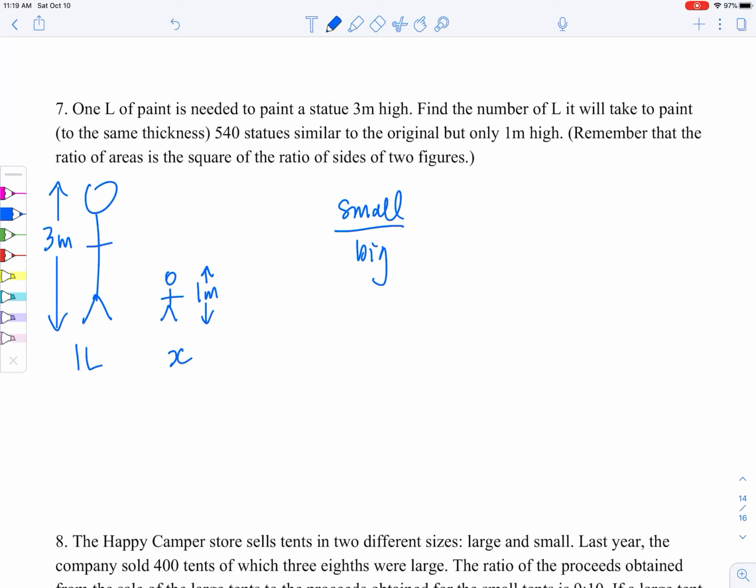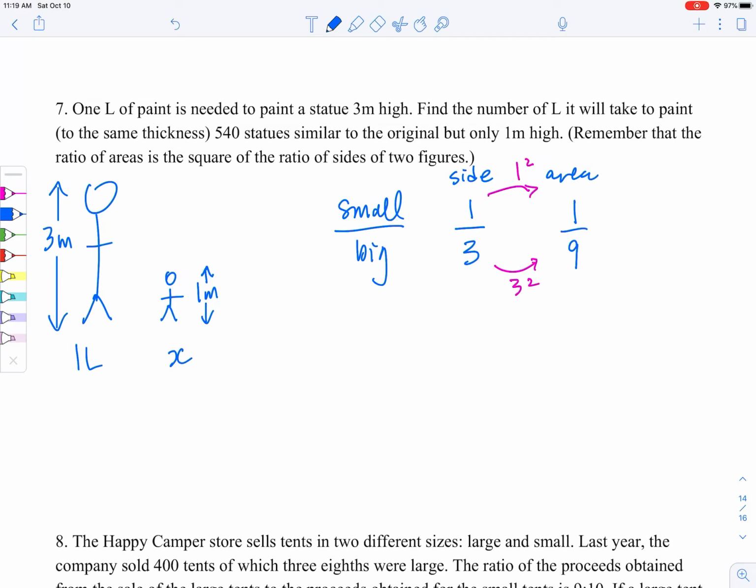So if we're looking at small over big, we've got the height, right? So the height is like this side. The ratio of the sides is going to be small is 1 and big is 3. So then the ratio of the areas is going to be 1 squared and also 3 squared. So the ratio of the areas is going to be 1 over 9.